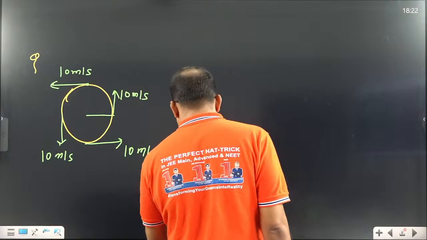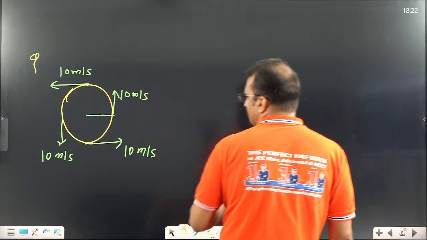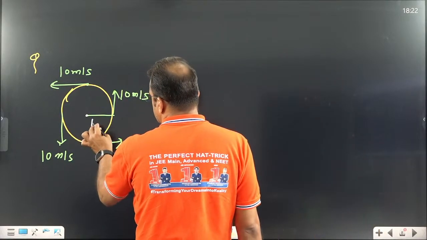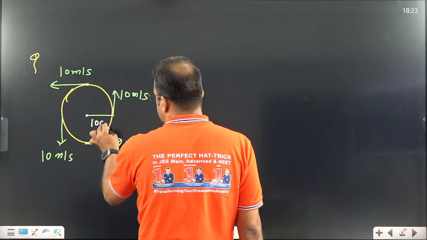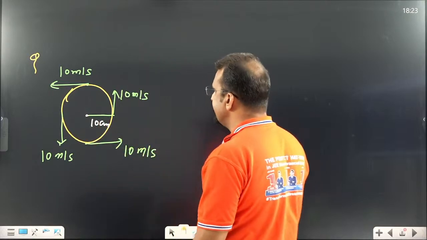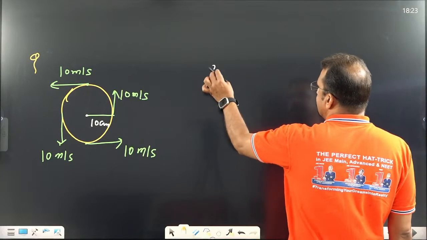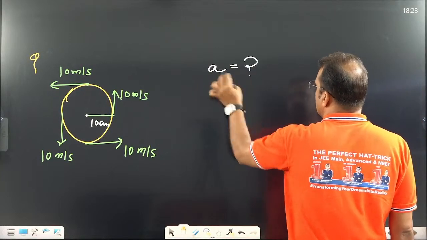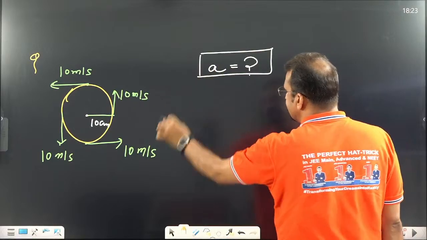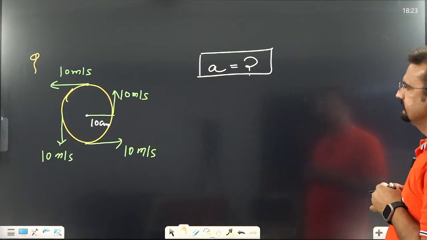This is the given condition, and the radius of the circular path is 10 centimeter. What is the radius? 10 centimeter. You have to find the net acceleration. What is the net acceleration in this case? Do it fast, dear student.